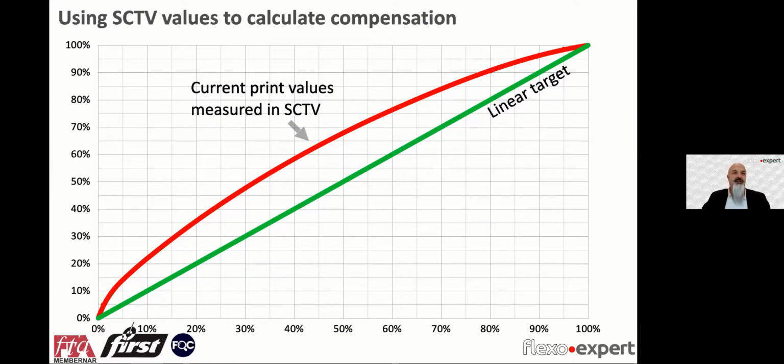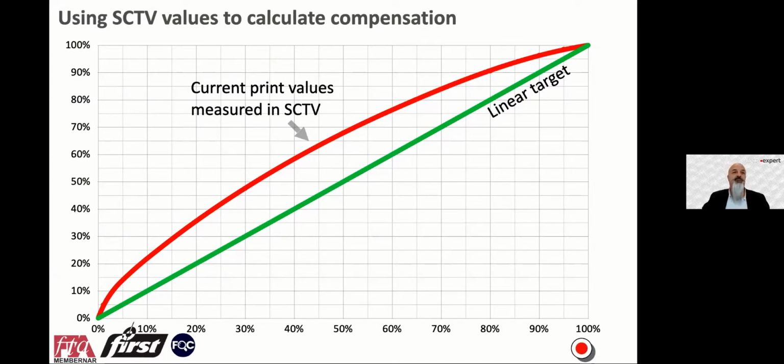Calculating the compensation curves from SCTV works exactly in the same way as with standard input values from Murray-Davis. It is just easier because the reference target is linear. So we calculate a compensation to change plate values in order to match a linear target. And we know how it works, right?